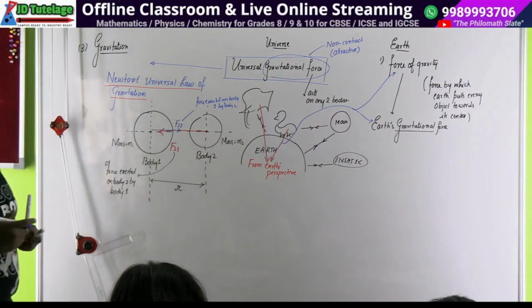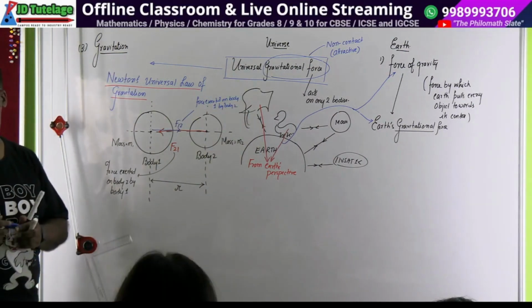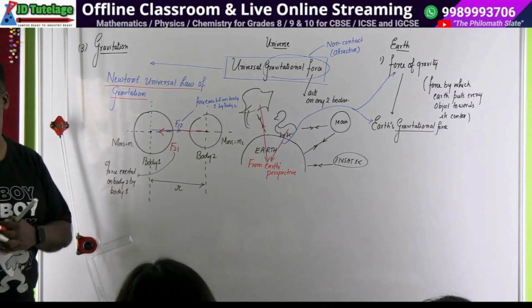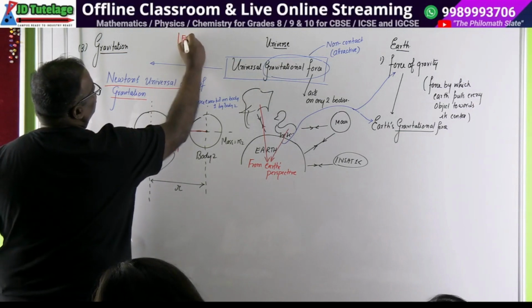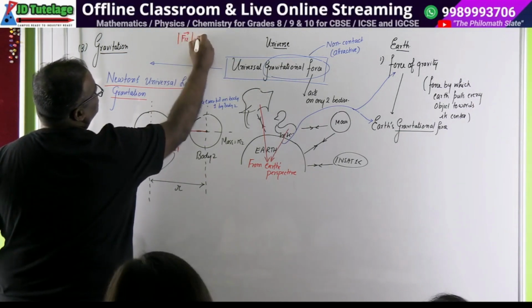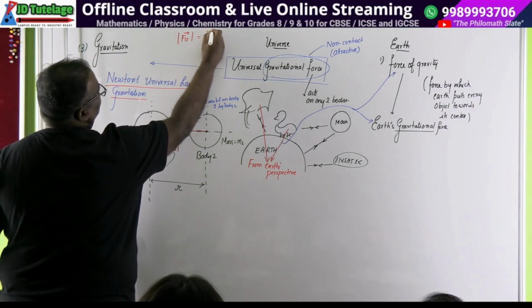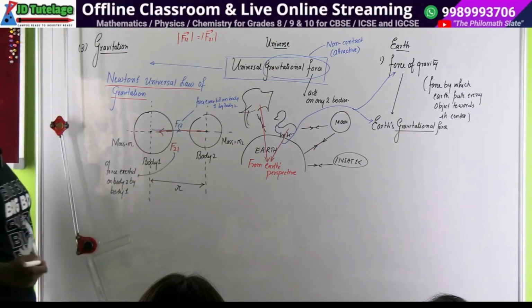So F12 will be equal to negative of F21. Negative because directions are opposite, na? Magnitude of F12 will always be equal to magnitude of F21. This is Newton's third law.